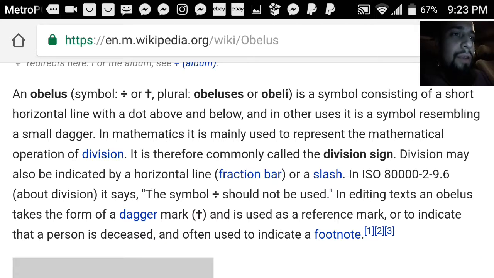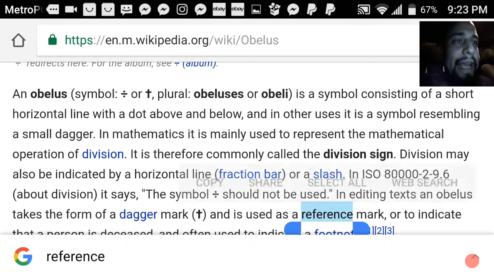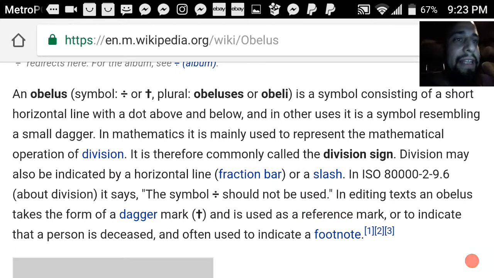The obelus, plural obeluses or obeli, is a symbol consisting of a short horizontal line with a dot above and below. In other uses, it was a symbol resembling a small dagger. The cross is really a dagger. In mathematics, it is mainly used to represent the mathematical operation of division.